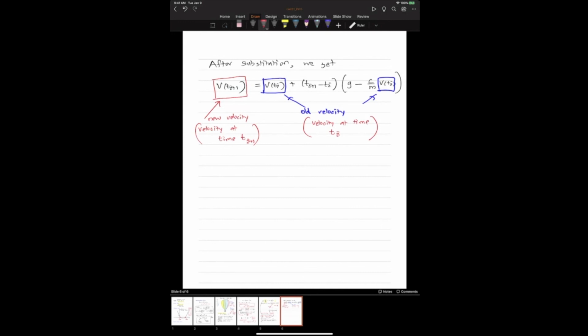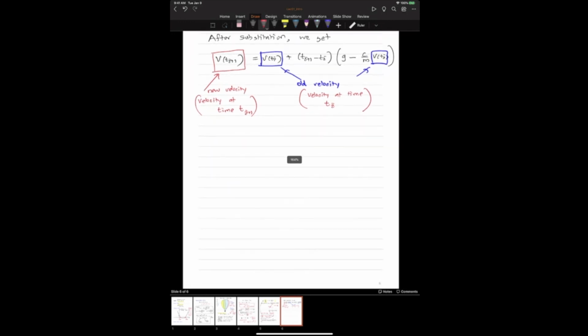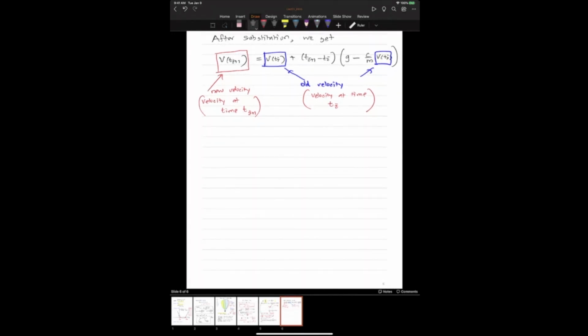So anyway, now let me give some example of how to solve this. Let me give some numbers: ti is 0, 2, 4, 6, 8, 10, 12. For this ti, we are going to compute v ti.